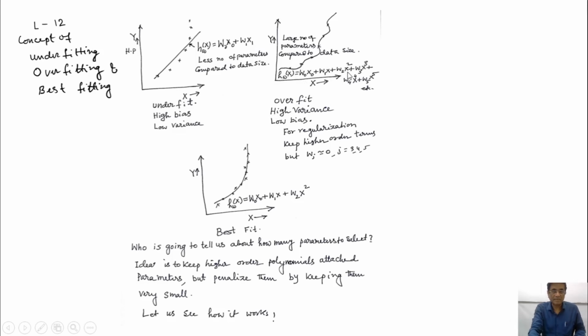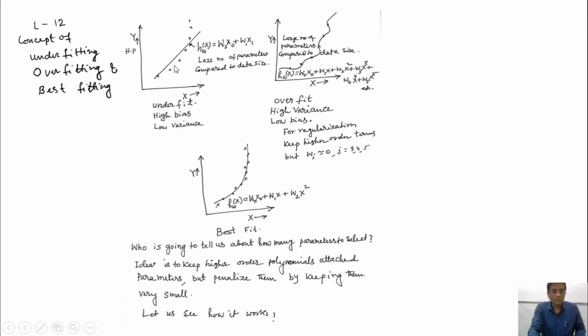Variations are very high for incorporating so many parameters which are not needed for this kind of samples. So we will have high variance and low bias, meaning we are very fair, no biasness is there. We intended to pass our line through all the samples.